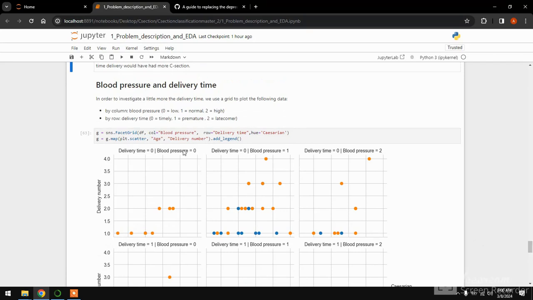It's quite confusing because we need to compare different variables from the dataset, different categories of the information.